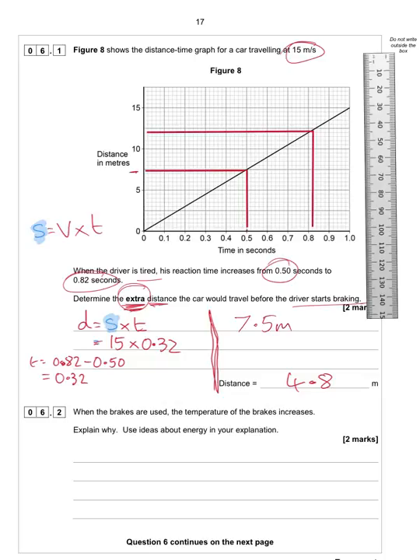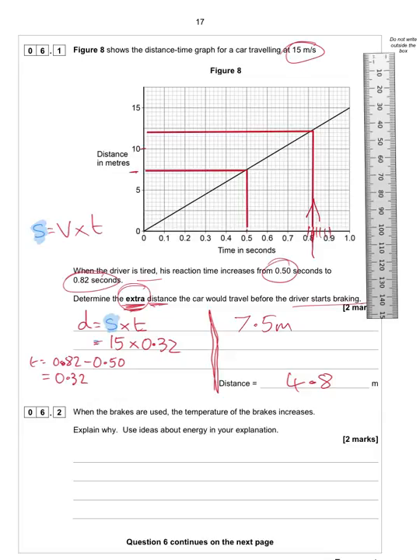But when his reaction time is 0.82, you have to be a bit more careful with the scales. Each of the small boxes is worth 0.02, so 0.8, 0.82, 0.84, 0.86, 0.88, 0.9. So you're going up the 0.82 line, but when you get to the graph and go across, you have to be very careful not to make the silly mistake, because the scale is different on the y-axis.